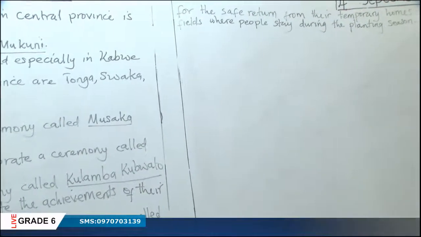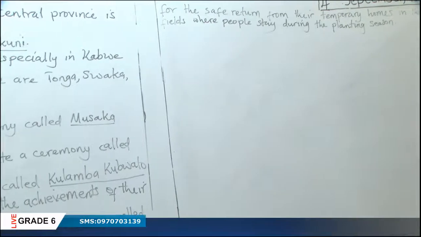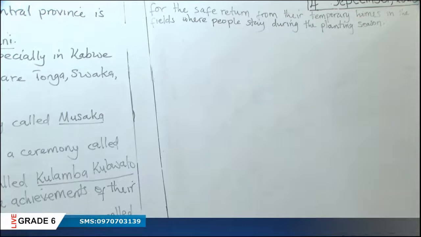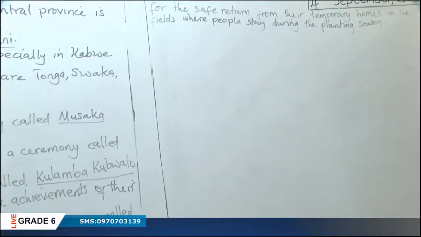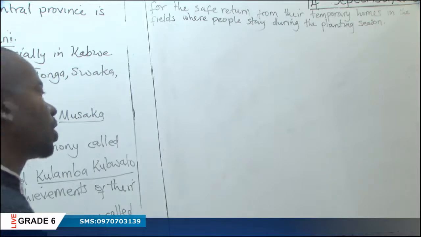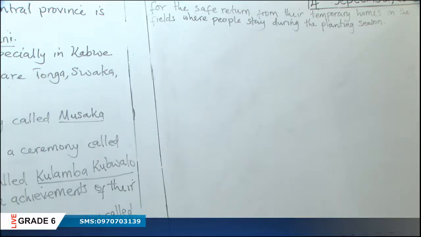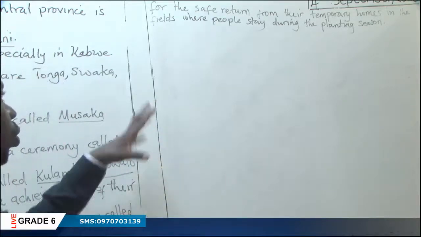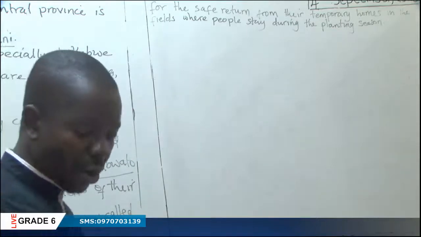There's a season when the Swaka, Lala, and Lamba go into the fields to plant and build temporary homes. Once they come back, they celebrate this event in order to thank God for their safe return.